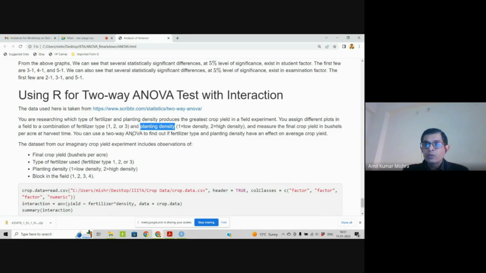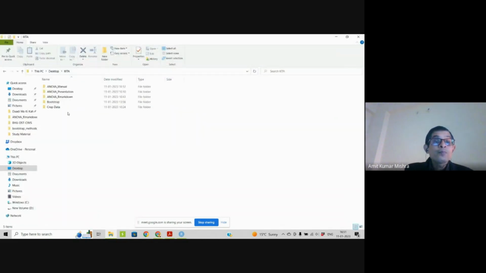Now we are going to use two-way ANOVA. So what is the data set? I will show you first the data set. This is the data set.